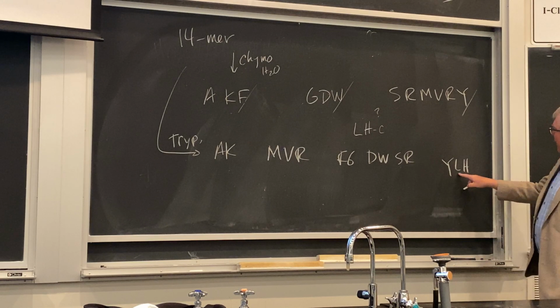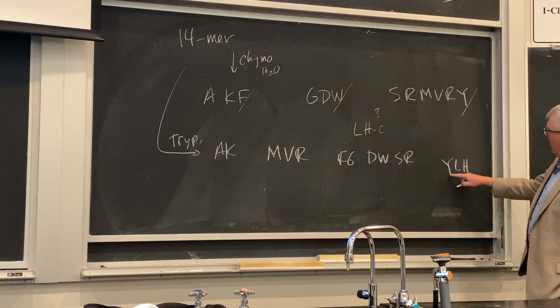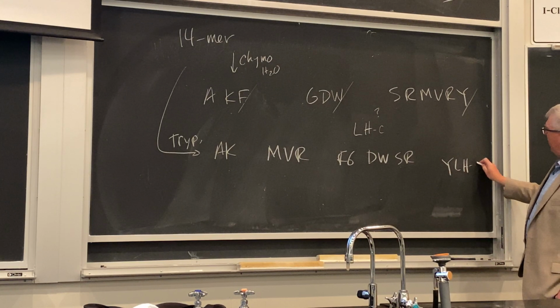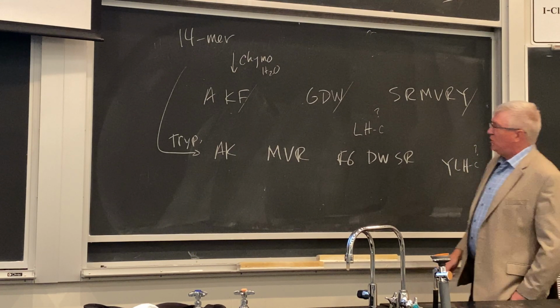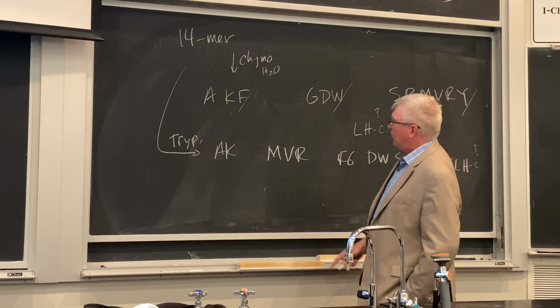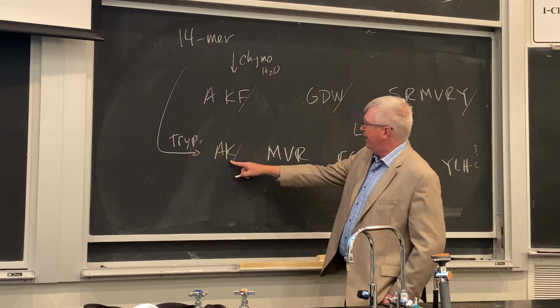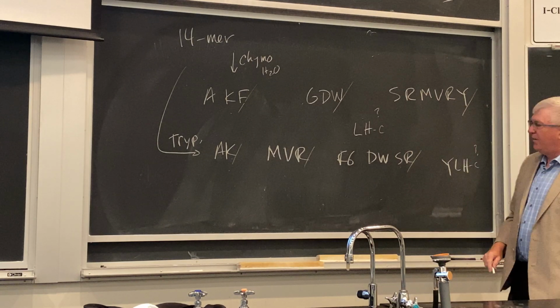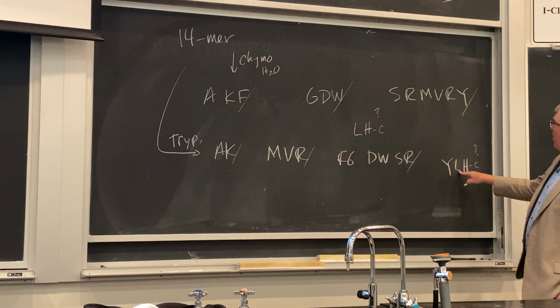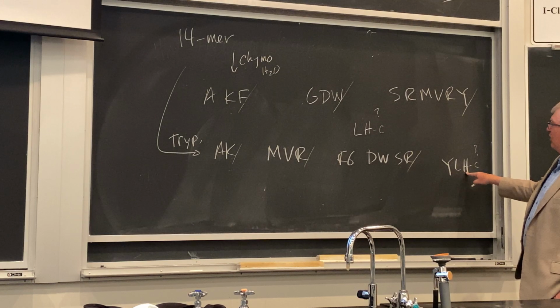And there's H again. There's YLH, right? And that's our C-terminus, maybe? Well, it's at least still consistent with that. And where does trypsin cleave? Next to lysine, yeah, K. Arginine, yeah, and arginine. Okay, so that's consistent with that. And here's our YLH right there.